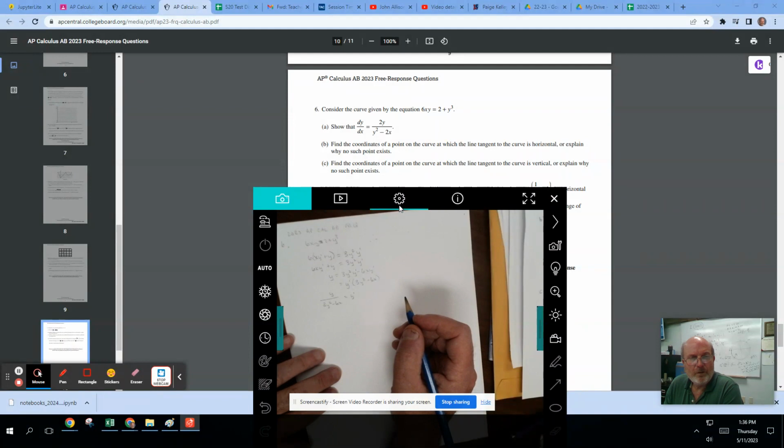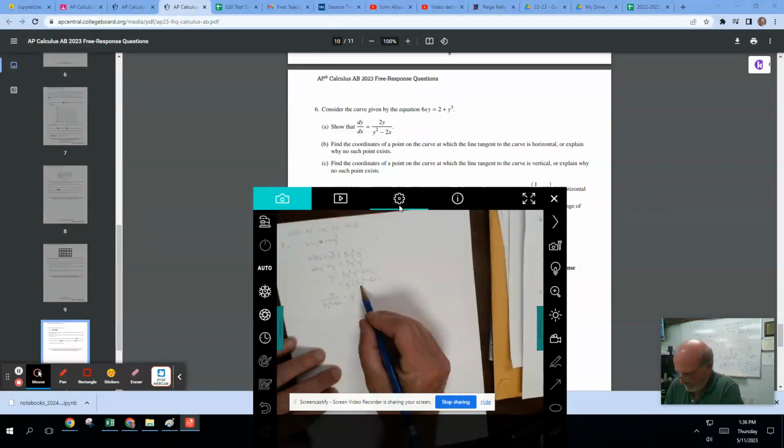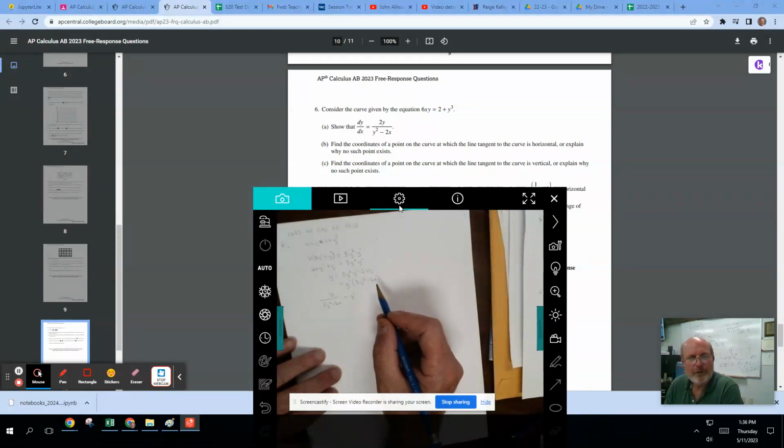So we multiplied both sides by 2. We divide both sides by 3.